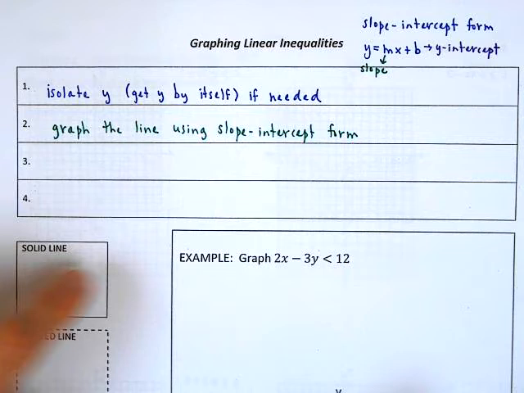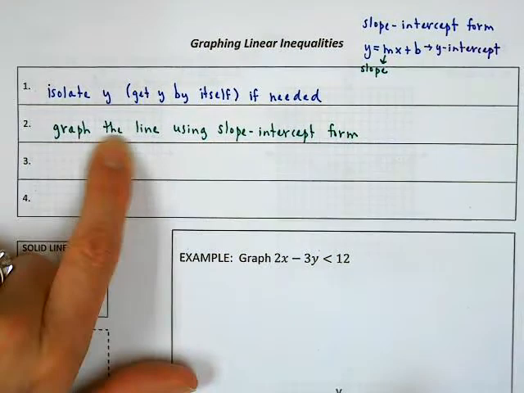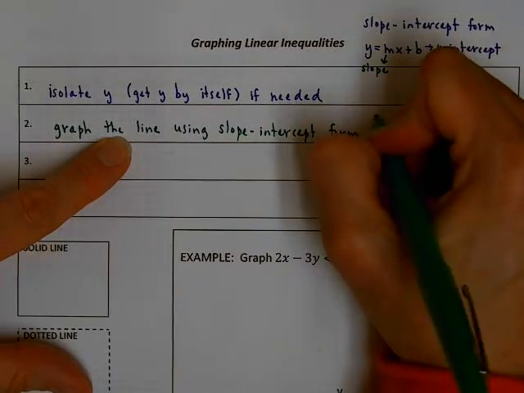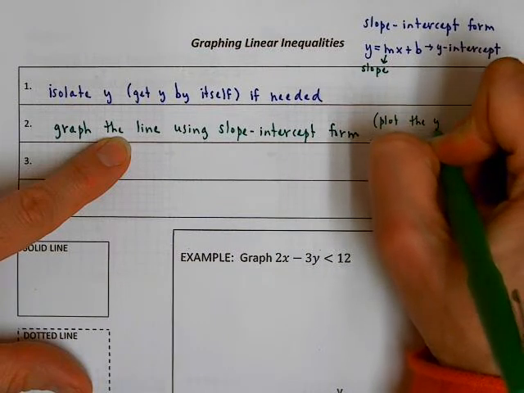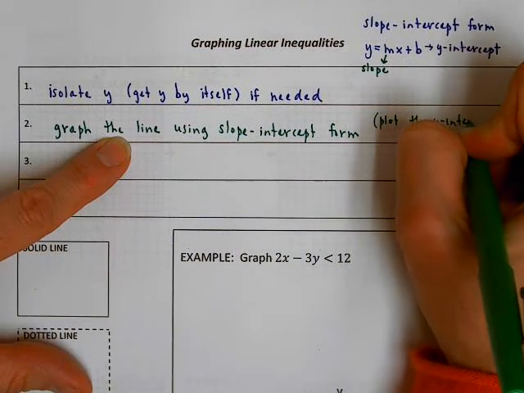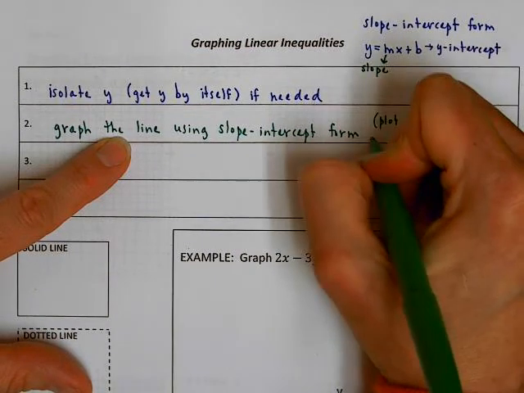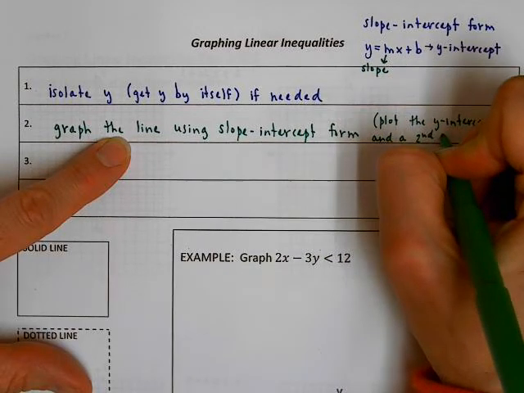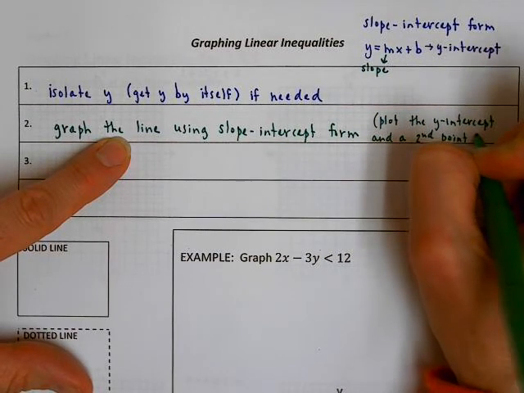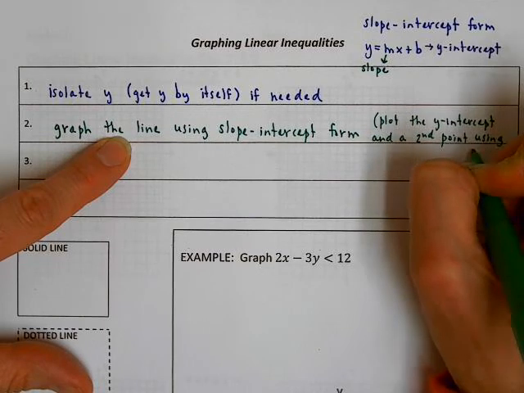Now, there's going to be a little something different here. So when I say graph the line, really I guess I'm saying plot the y-intercept and a second point using the slope.